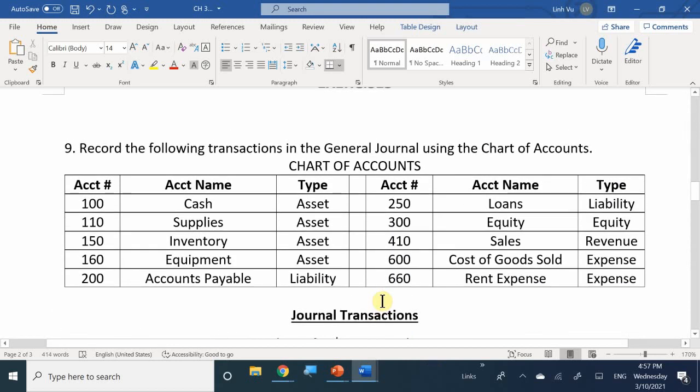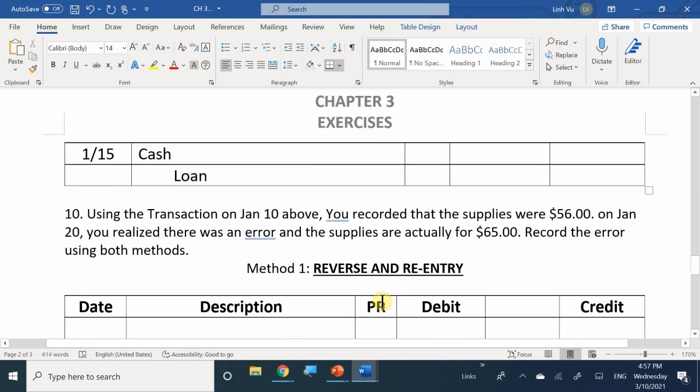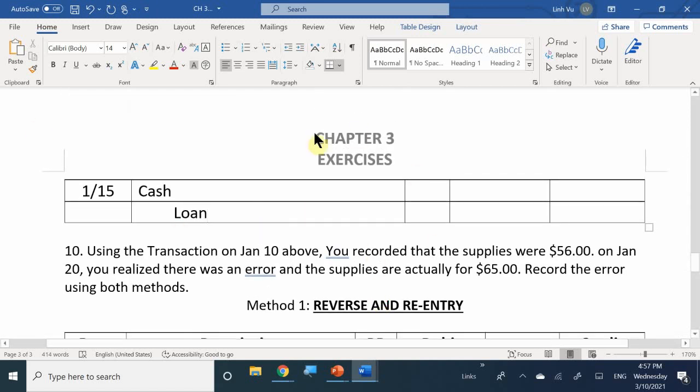It is account number 250, and my cash was 100. We borrowed it for a grand total of $5,000.